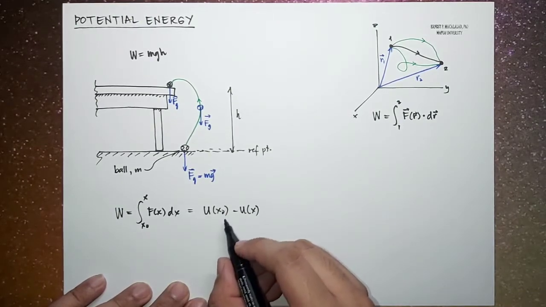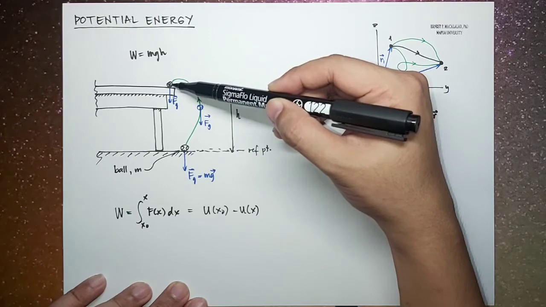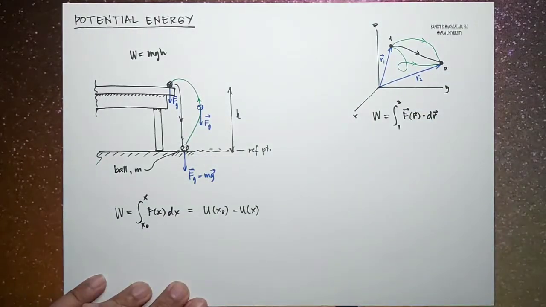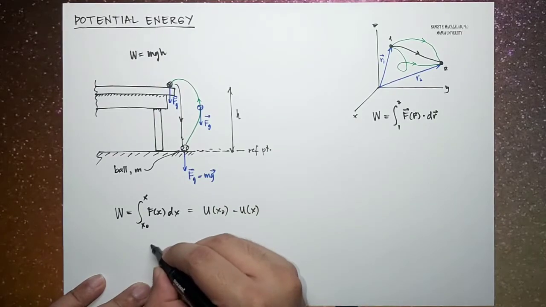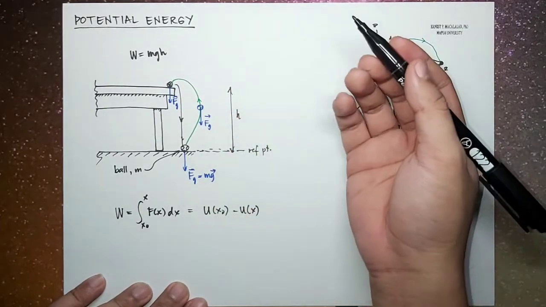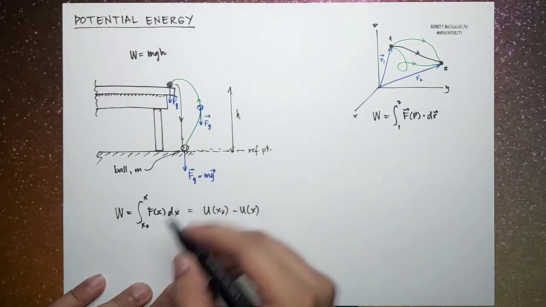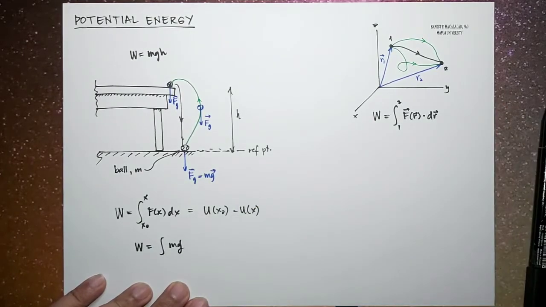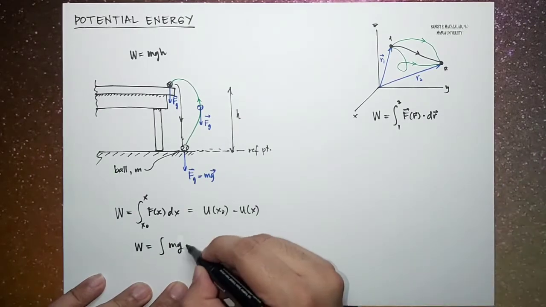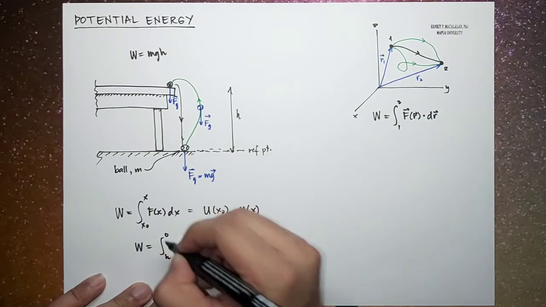Okay, so let's say for example we're looking at the work done by gravity as this ball falls down to the ground. In this case the force would be equal to mg, and the direction is downward, so that's negative, and the force is negative. So the product between the force, gravity, and dy would be positive. That means the work done would be the integral of mg dy from h to 0.